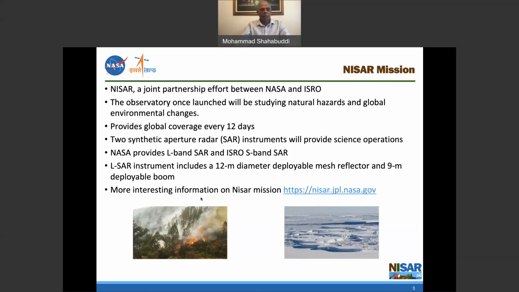NASA provides the L-band SAR and ISRO provides the S-band SAR. The L-SAR instrument includes a 12-meter deployable mesh reflector and a 9-meter deployable boom. You can find more interesting facts and information about the NISAR mission on this website.